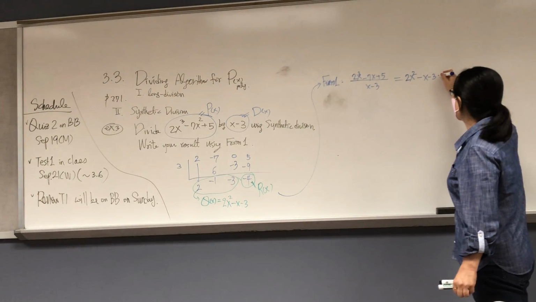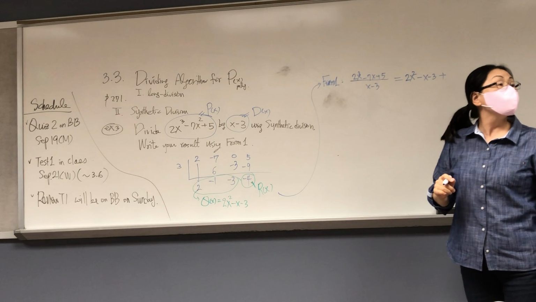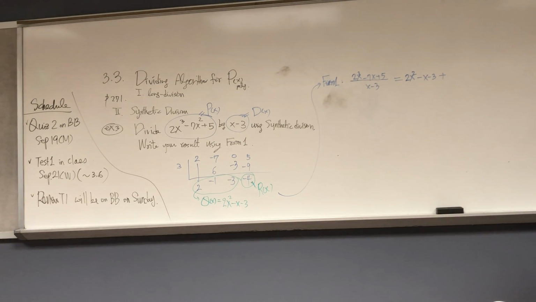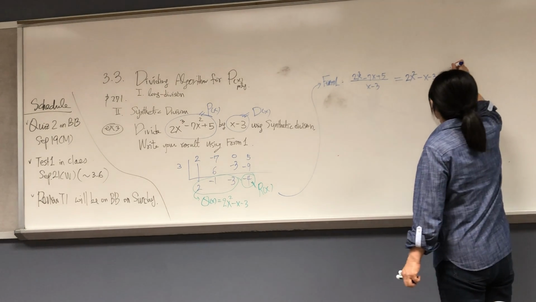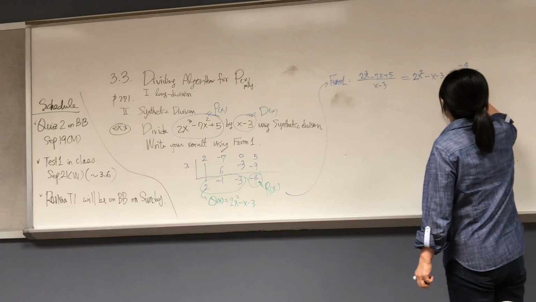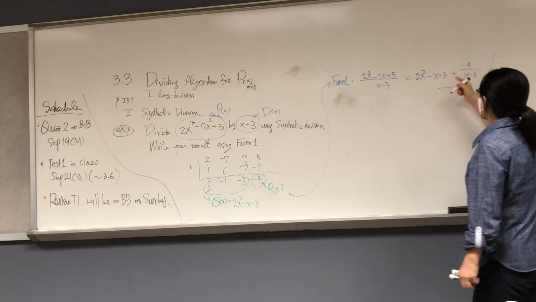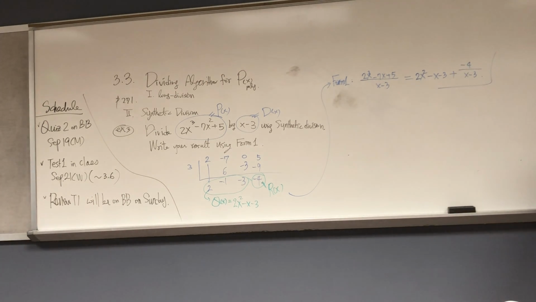Plus R over D. So negative 4 over x minus 3. Good job, this is your answer. This is a very simple, easy problem.